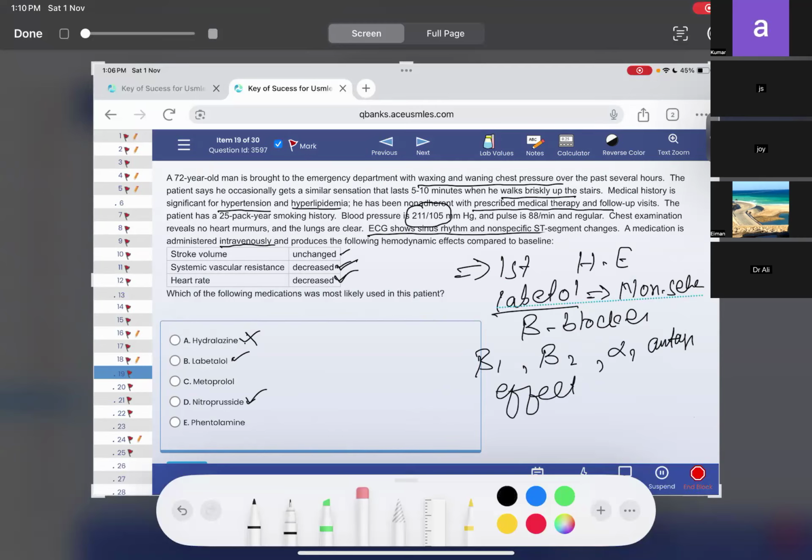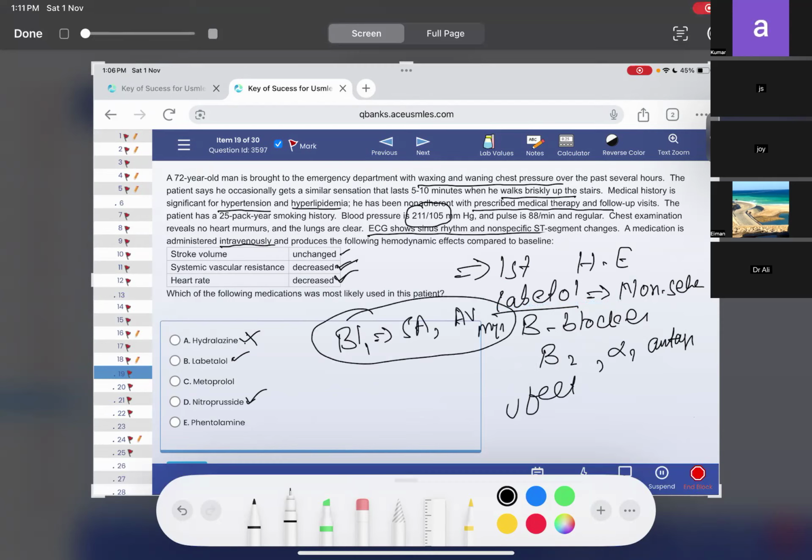We know that beta 1 receptors are present in the SA node, AV node, and myocytes, so it will decrease the heart rate. Number 2, beta 2 is present in arterioles and venules, so it can cause both arterial and venular vasodilation.